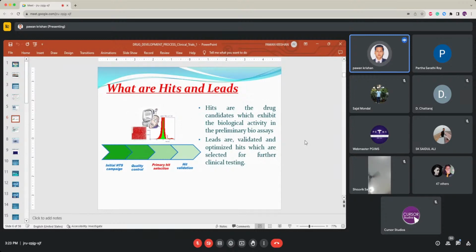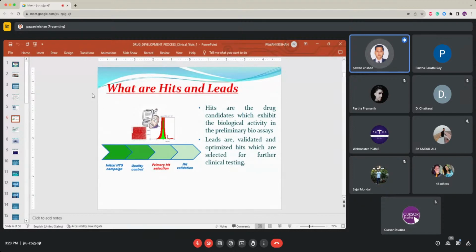Once they are tried for their activity, earlier it was done manually, one molecule at a time, but now there are advanced techniques available to analyze them, or we can call it to screen them, for identifying them as hits and leads. So when we have thousands of molecules, we have to save time and have increased output to filter out or screen out which are the effective compounds.